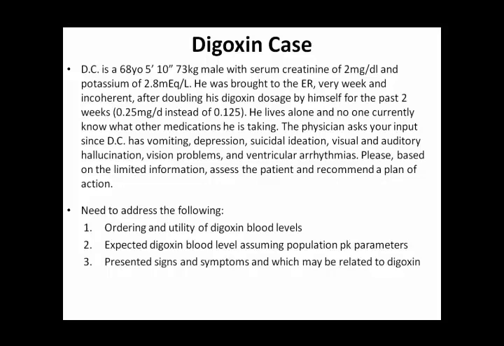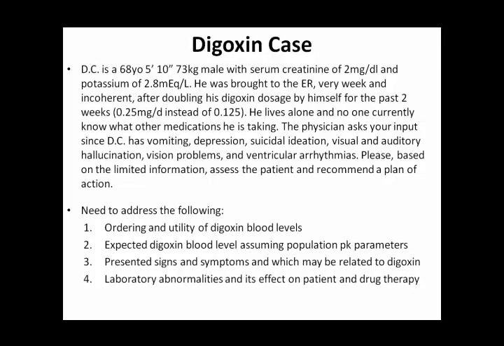Signs and symptoms, we talked about this already. Nausea, vomiting, weakness, and visual disturbance, as well as arrhythmia, are classic signs of digoxin toxicity. The other one, we don't know, we are not sure. And also, the hypokalemia may be causing some arrhythmia as well, so you can just check this out.